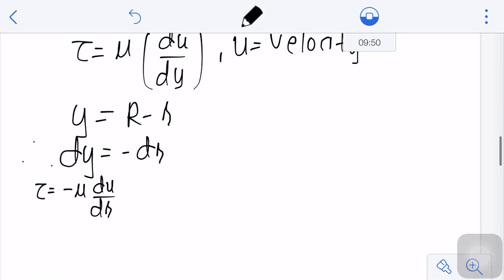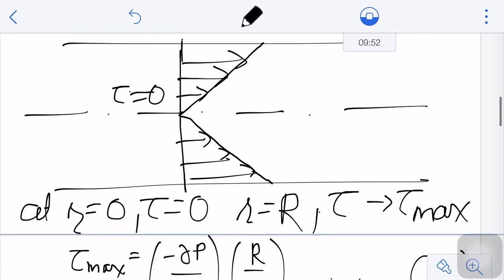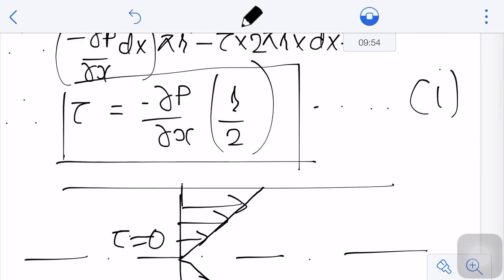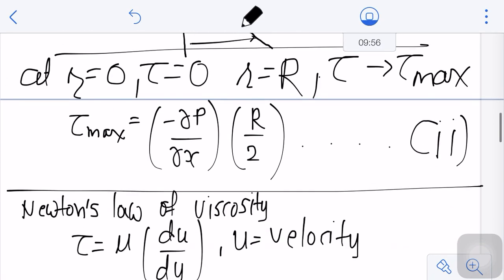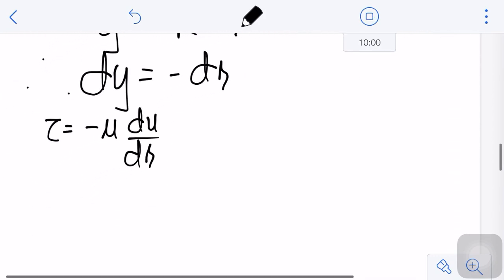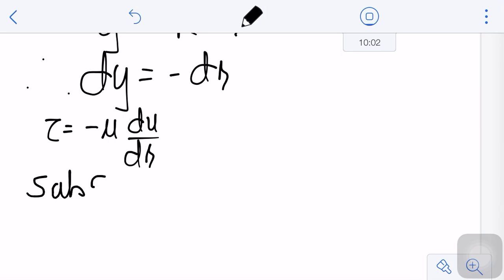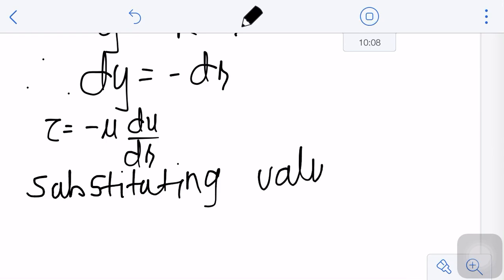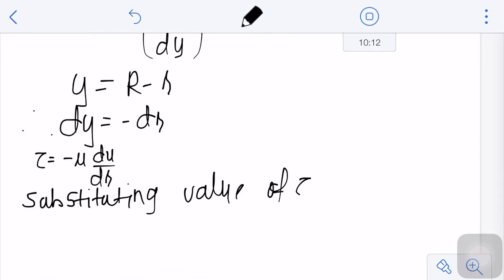So what we can do is substitute this value of tau from equation number 1 into this equation of tau.